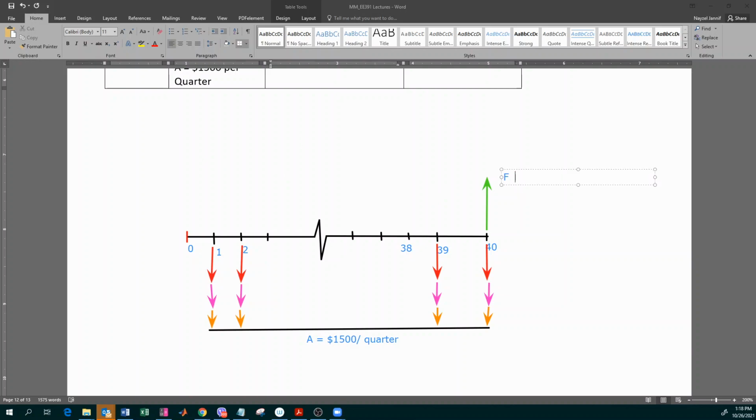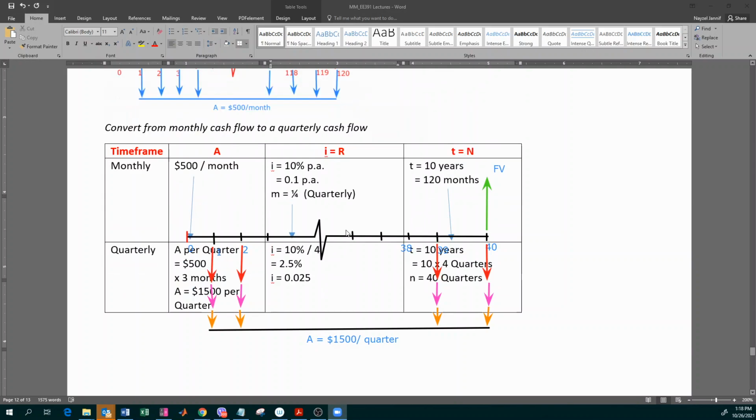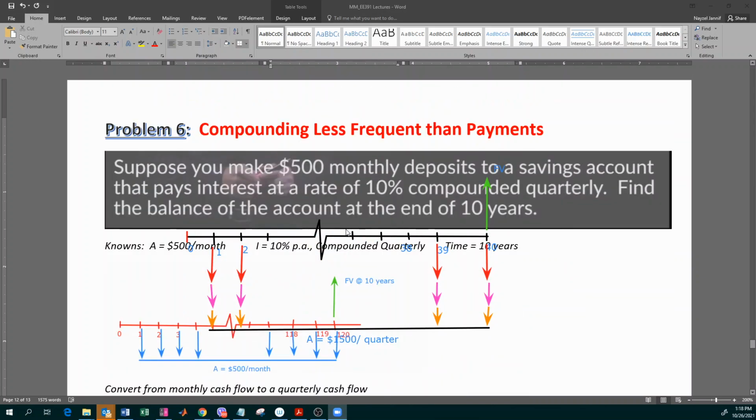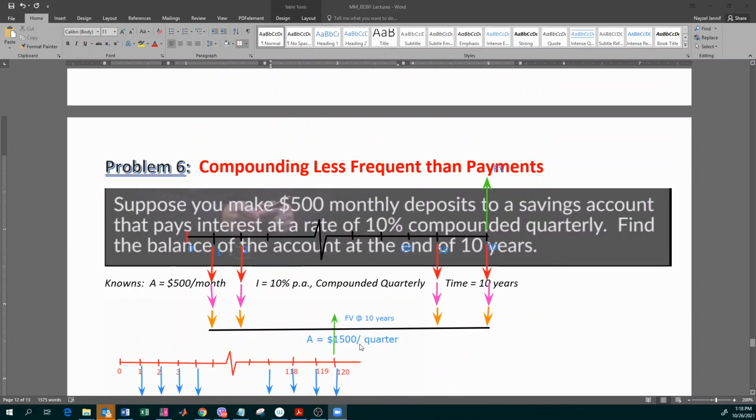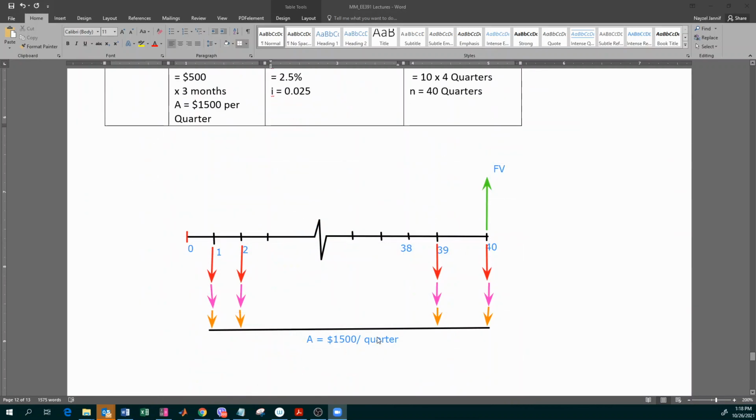We want to find our future value in 40 quarters time. 40 quarters is 10 years. Now, what we have done in the process is we have converted our cash flow diagram, which was like this on a monthly basis with 120, to something like this.